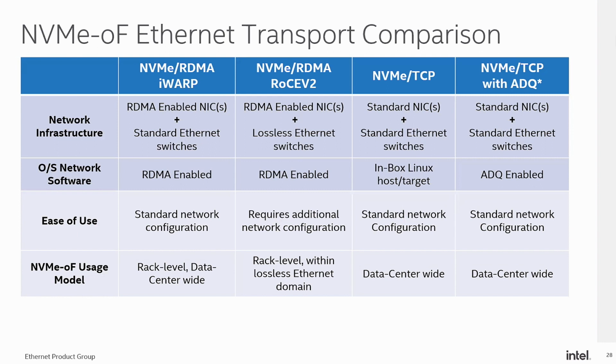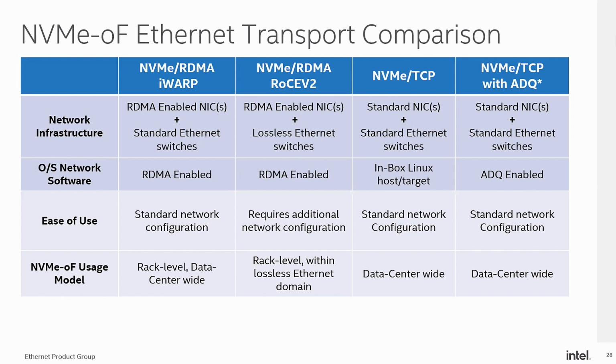Okay, so this is a rough comparison of what transport would I use when, essentially. And what you have is the two RDMA transports. The one thing to call out on the top, network infrastructure, is that they require RDMA NICs on both sides, and of the same type of RDMA provider.